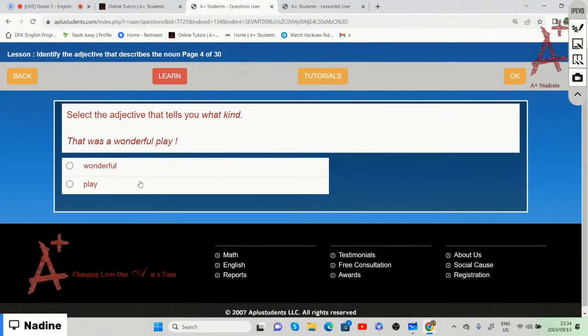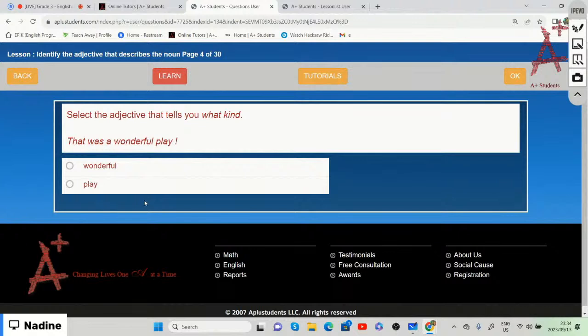That was a wonderful play. We need to select the adjective that tells us what kind it was. Is it wonderful or play?